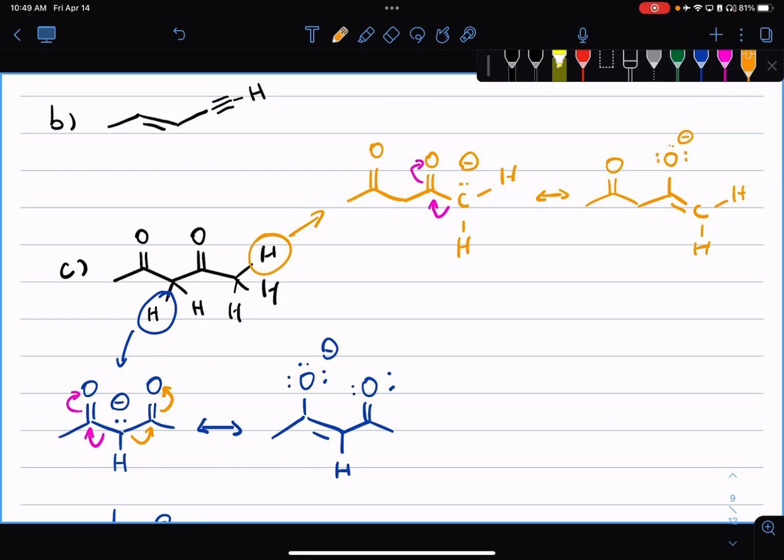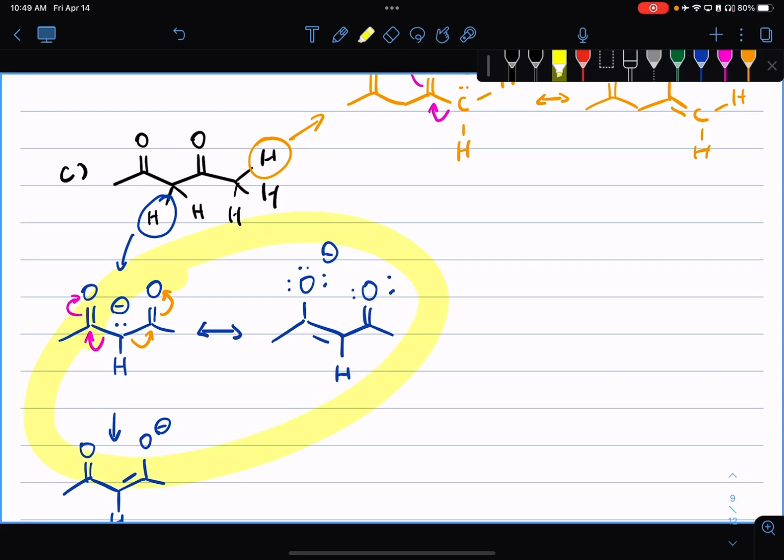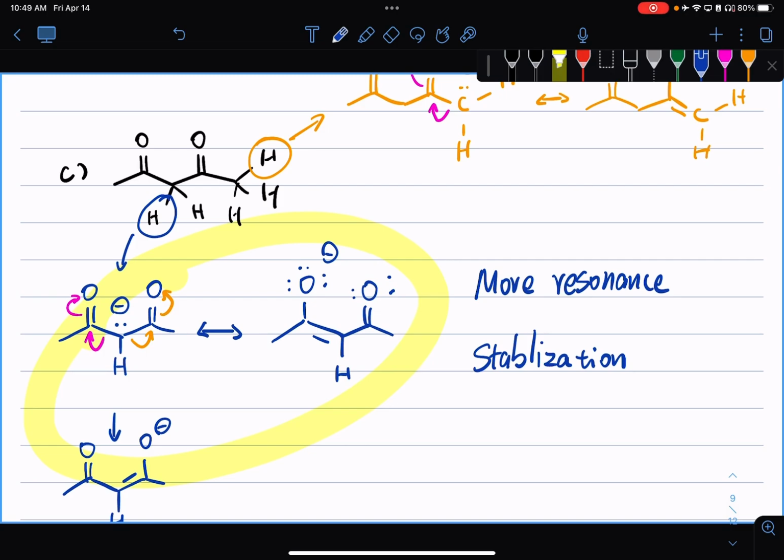So both structures are being stabilized by resonance, but this blue hydrogen gets way more stabilization because it has more ways to delocalize that negative charge. So that is what makes this hydrogen the more acidic hydrogen.